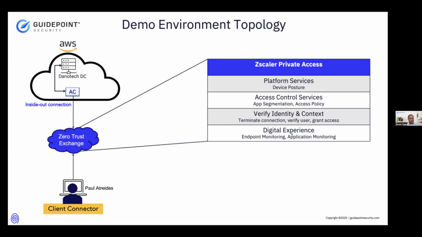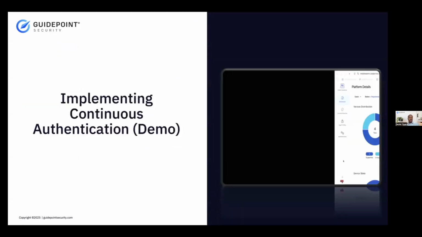Then I'll take you through the client connector authentication and how we are able to get onto the Danotech DC server. Last but not the least, I'll take you through digital experience and we'll check on the activities of Polatridis on the Danotech DC, specifically endpoint monitoring and application monitoring. So let's go dive in. So my demo on implementing continuous authentication.